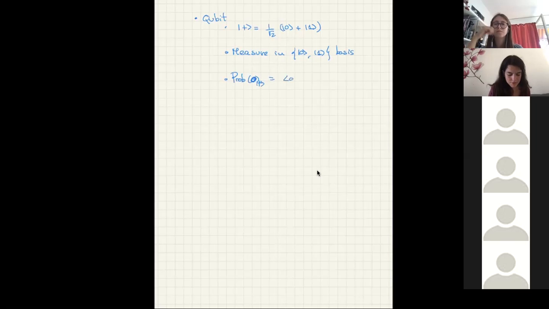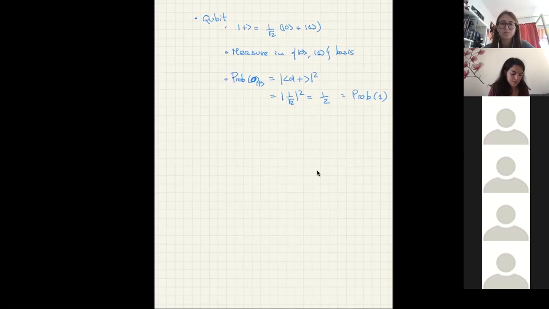Well, this is just the inner product of 0 and our state plus, squared, and that's 1 over square root of 2 squared, which is 1 over 2. Which will be the same as the probability of getting 1, because they're normalized. It will work in the same way if you try to measure the plus i and minus i states, because of course the modulus square takes care of the complex number.